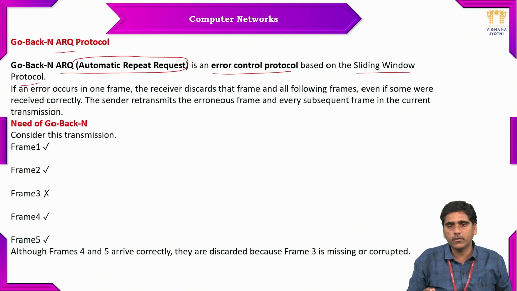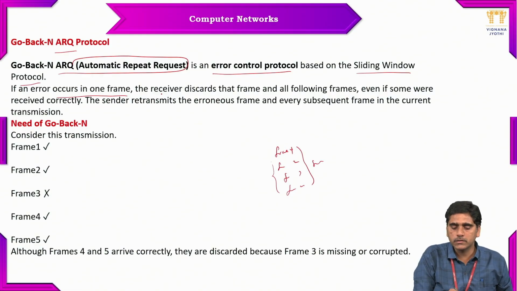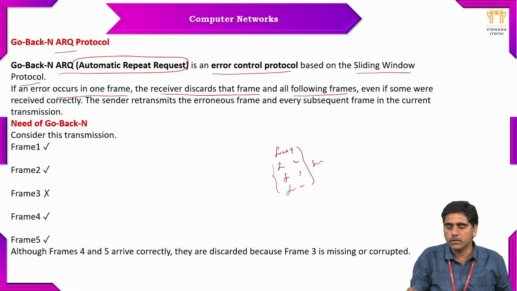In the sliding window protocol, we can send multiple frames at a time. So frame 1, frame 2, frame 3, frame 4 are simultaneously transmitted to the receiver side. If any error occurs in one frame out of these 4 frames, the receiver discards that frame and all following frames.